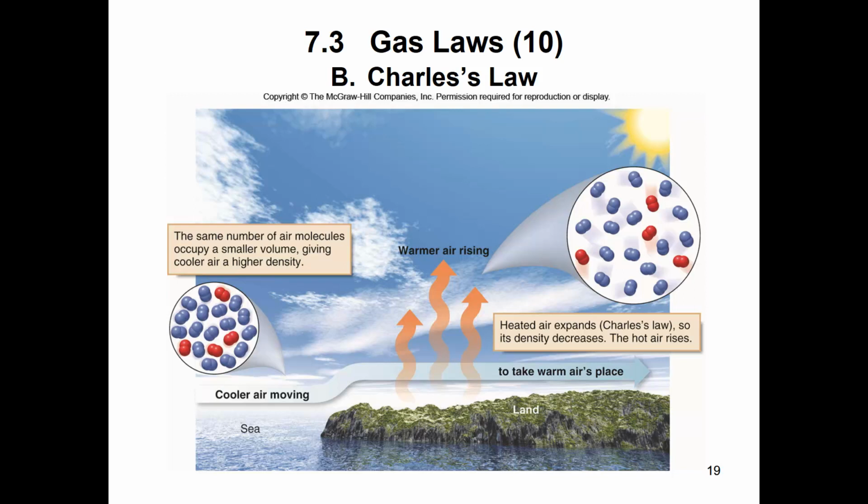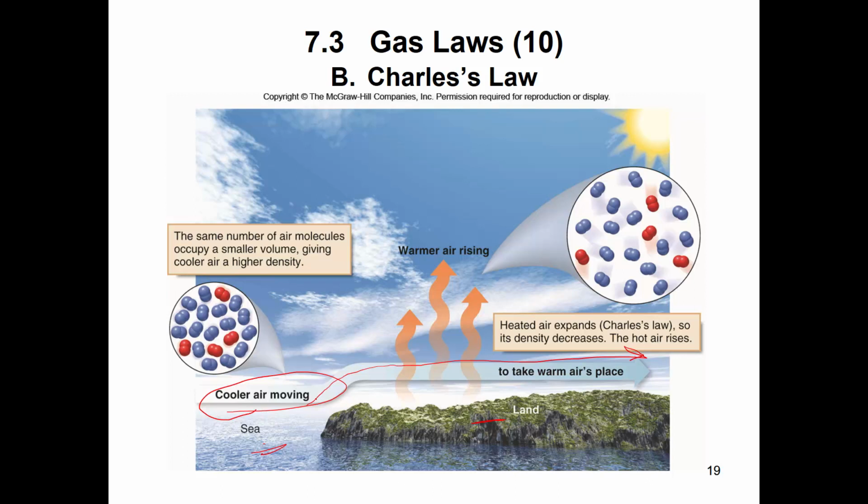If you have the same number of air molecules and they are being cooled over here in the ocean, they come across the land, and that's going to cause them to warm because it's warmer on land than it is in the sea. If you've ever experienced that, you know what I'm talking about.